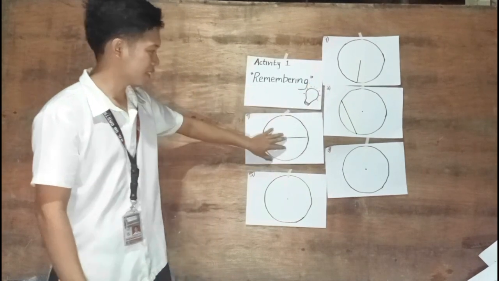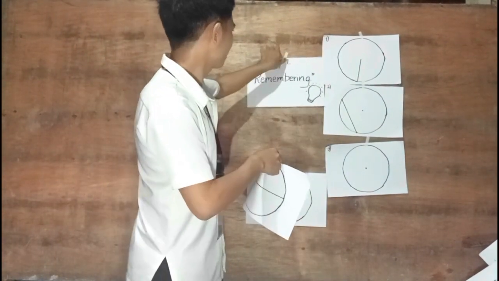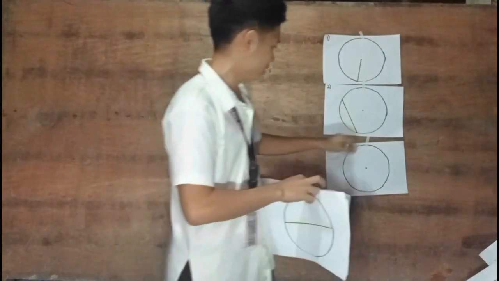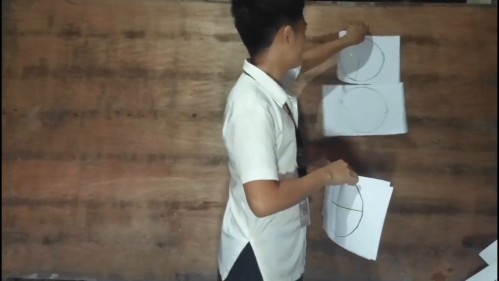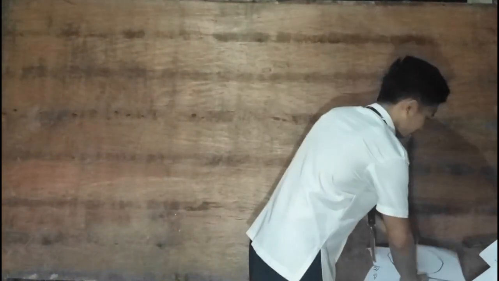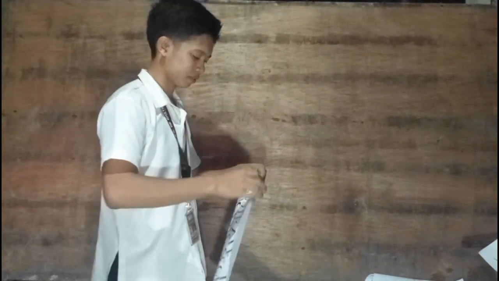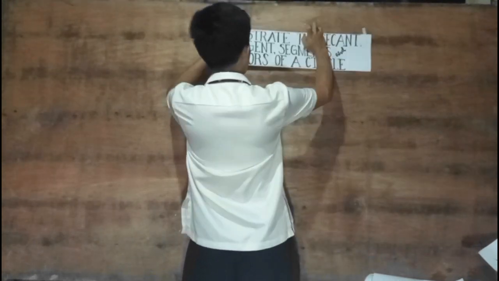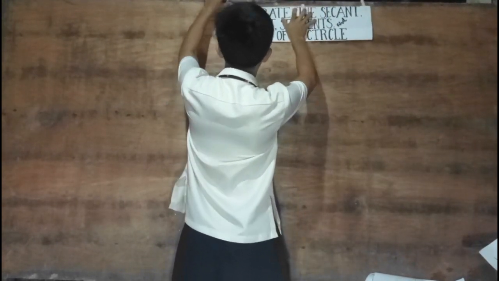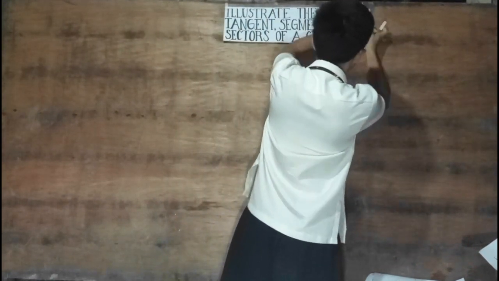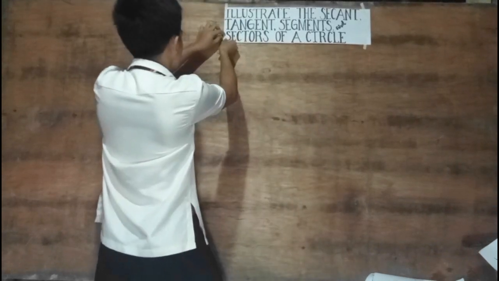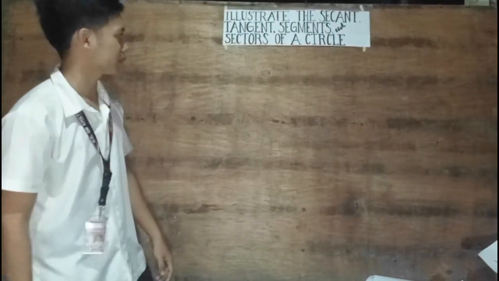So, in our new topic, i-discuss pa rin natin yung about sa parts of the circle which is illustrate the secant, tangent, segments, and sectors of a circle.